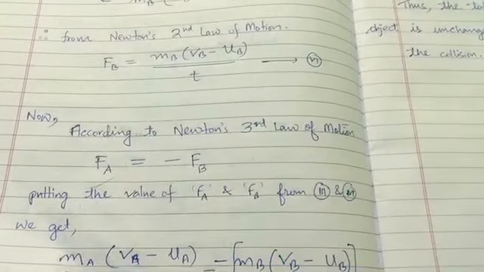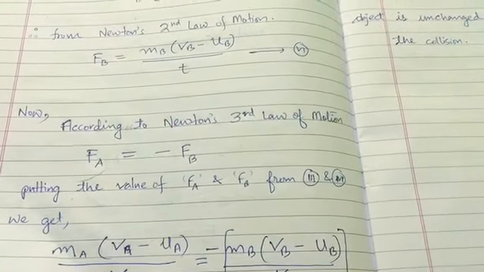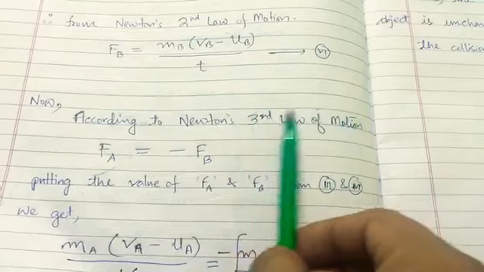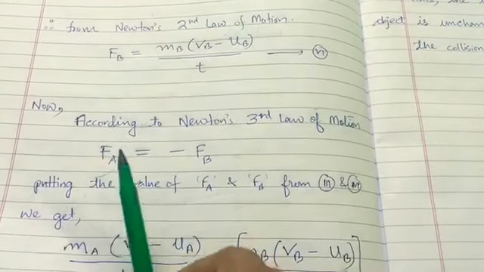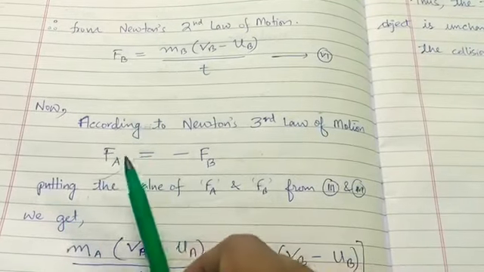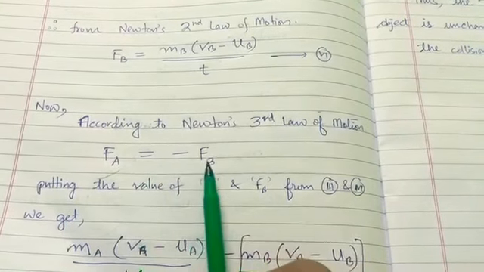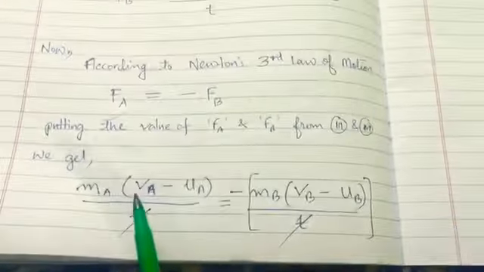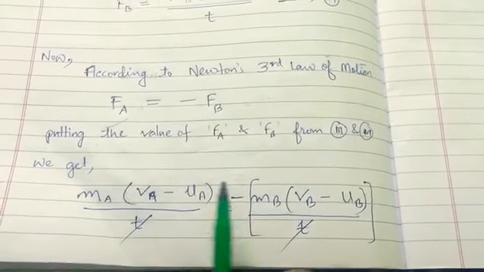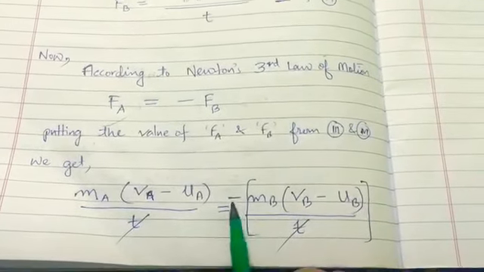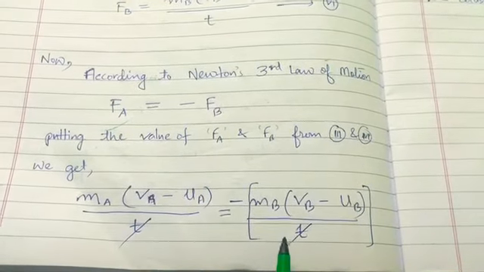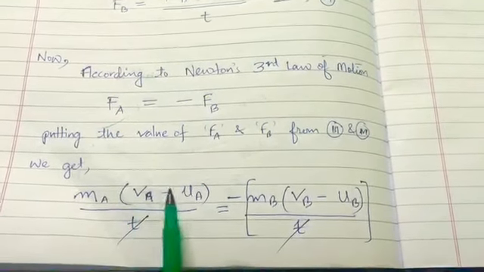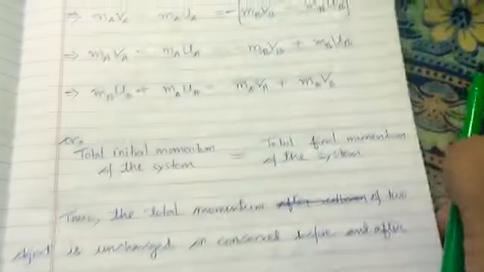Every action have equal and opposite reaction. So according to Newton's third law of motion, formula এইটো আছিলে, ঠিক আছে? এইটো প্ৰথমটো বল, সেকেন্ডটো বল। এতিয়া FA এর ভ্যালু ইয়াত পুট কৰিম, FB এর ভ্যালু ইয়াত পুট কৰিম। চাব পৰা FA ভ্যালু ইয়াত পুট কৰিছো, FB ভ্যালু ইয়াত পুট কৰিছো। মাইনাস চিন আছিলে দিছো। T will get cancel হোৱাৰ পাছত this will remain and this will remain, you can see it.